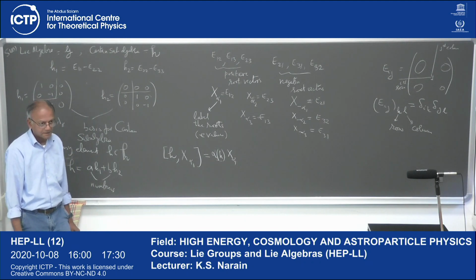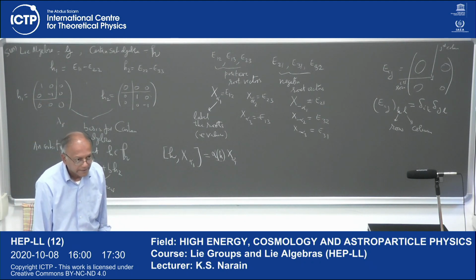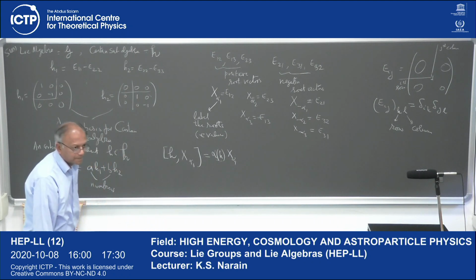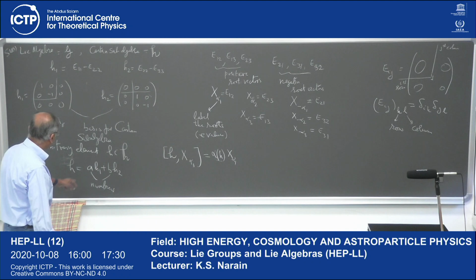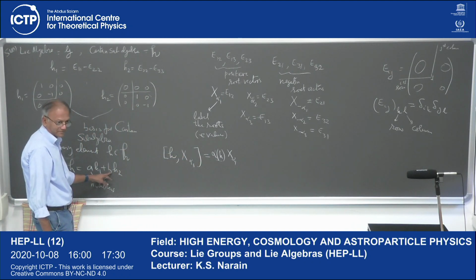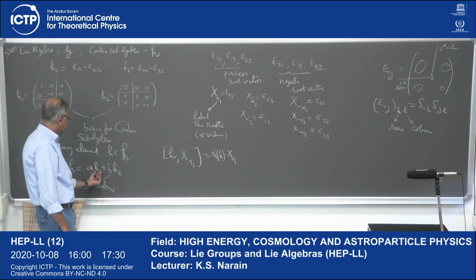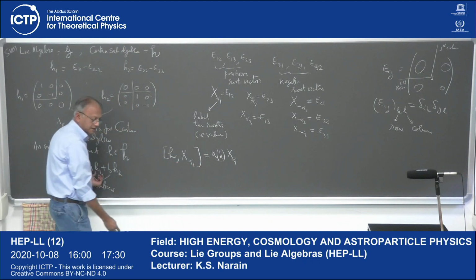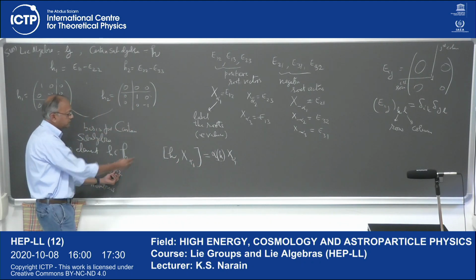If H is arbitrary, we are taking that combination of both, right? So this number will depend on A and B. Because if I had just chosen H1 commuted with that, it will be some number times X alpha 1. Similarly, H2 will give some number.